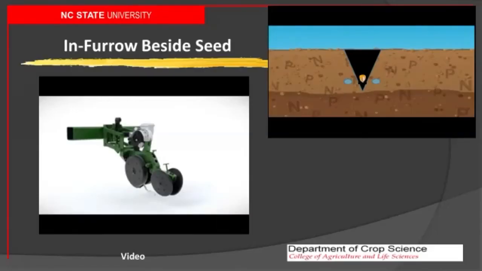This is what we are using currently, this winged formation, with the idea that we're not using the center tube of that wing. We're using the 2 wings to place that starter off to the side. So where you saw that starter effect that we just looked at from those trials at the peanut belt station, that was the in-furrow application method that we used.